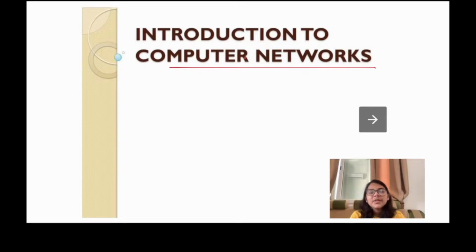Okay. So students, actually a computer network is a system, and it is used to connect numerous computers. For what purpose are we using this computer network, students? For sharing information and resources.